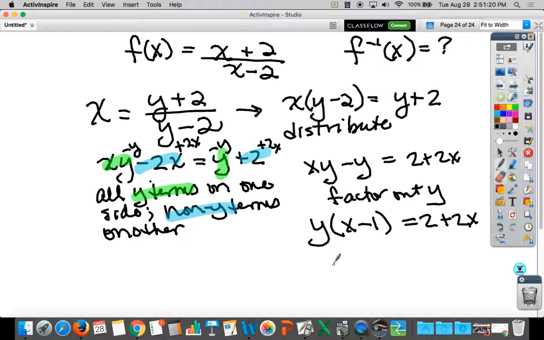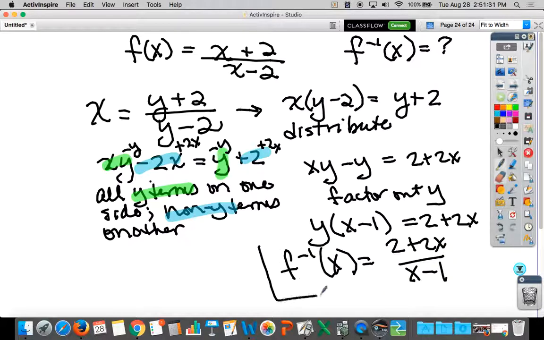Okay, how will I solve for y now? Just divide by. So that, everybody, is the inverse of a rational equation. That means there's x's in the top and the bottom, denominator and numerator.